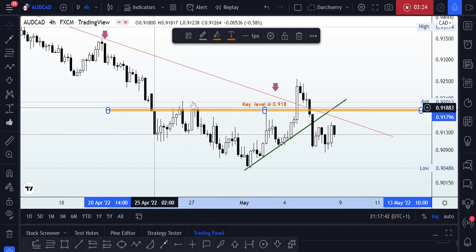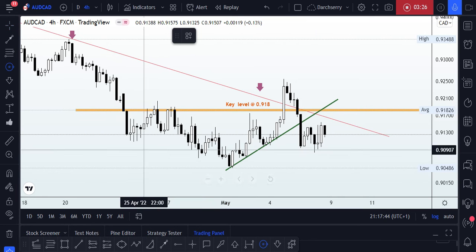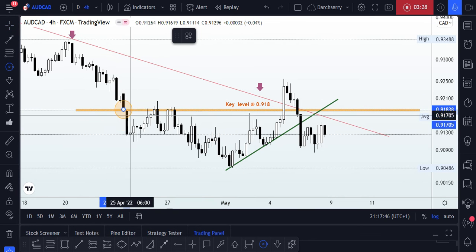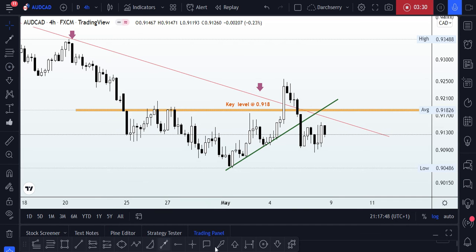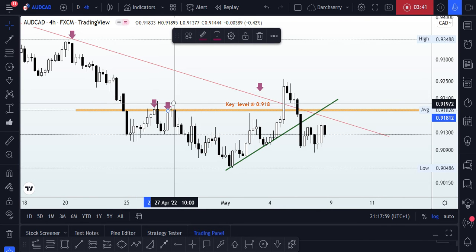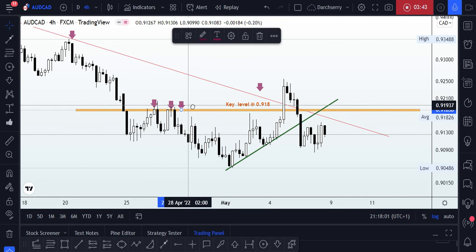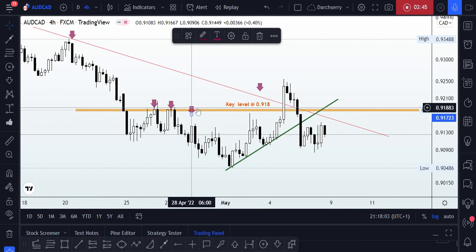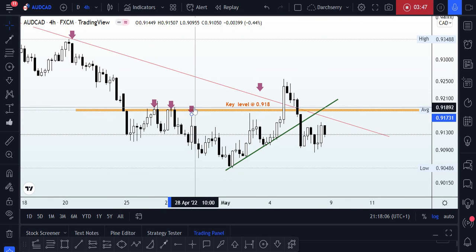So if we look at what is happening here, we had a breakdown of structure on the 24th of April around this area, which was later followed with rejection, giving us a sign that sellers still want to push price further down. We had multiple rejections since the breakdown. We saw one here, we saw two, though this was not closed. We saw another three around this area, still within the same area.